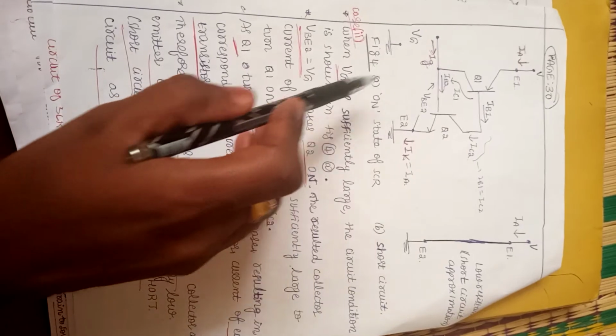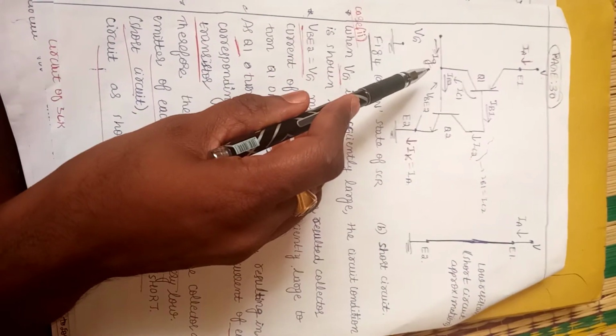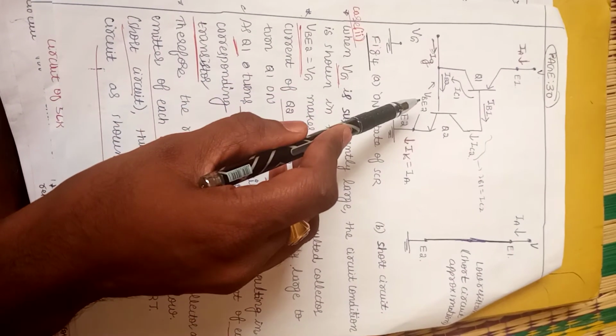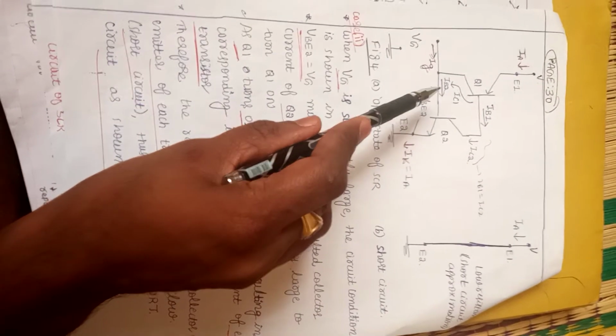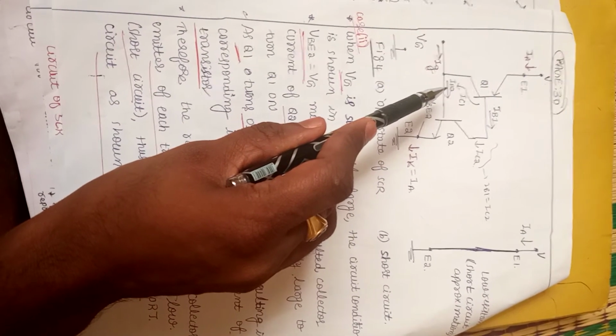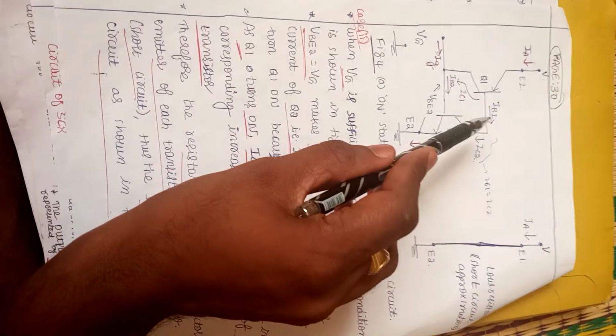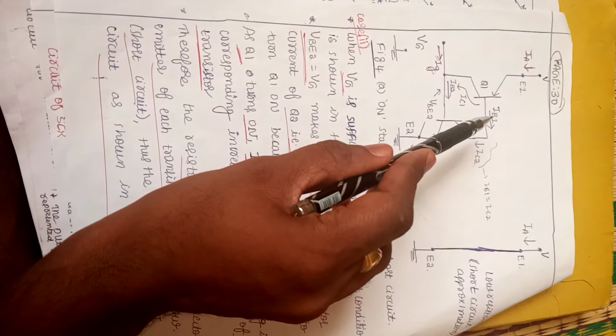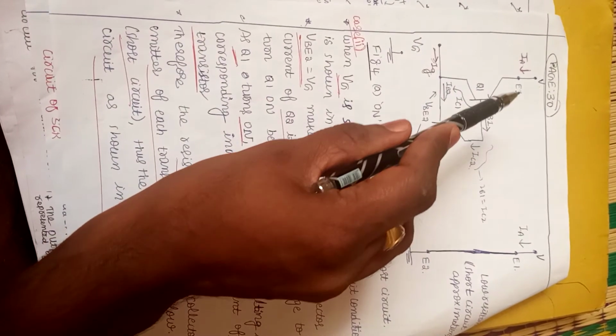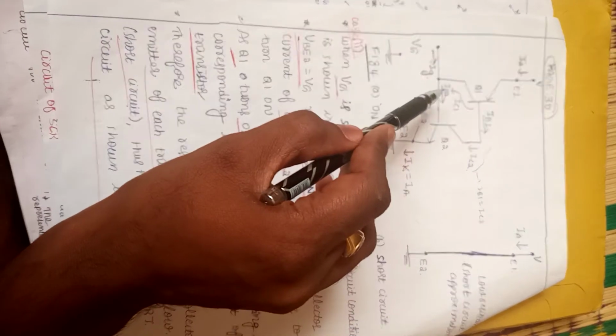If you apply Vg, then Ig will be there. Vg is equal to VBE2. If you have VBE2, IB2 will be there. IB2 means obviously collector current will flow through the circuit. Therefore, IC2 is equal to IB1. Obviously, base current will be there. If you have IB1, obviously the collector current will be there here.